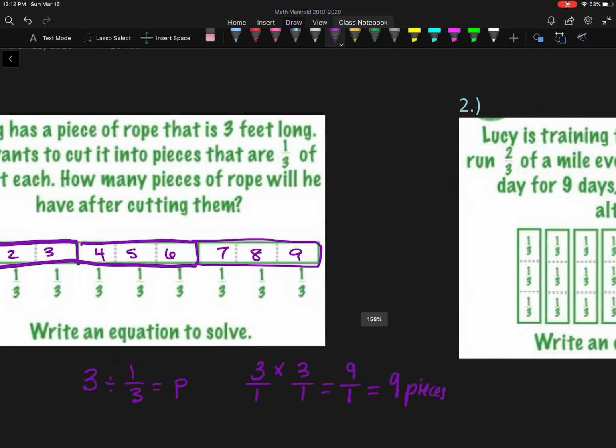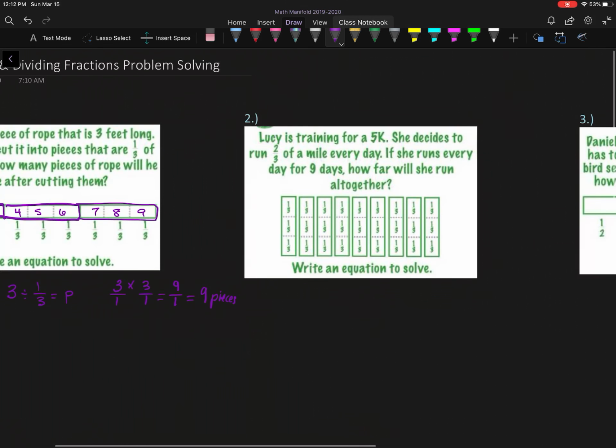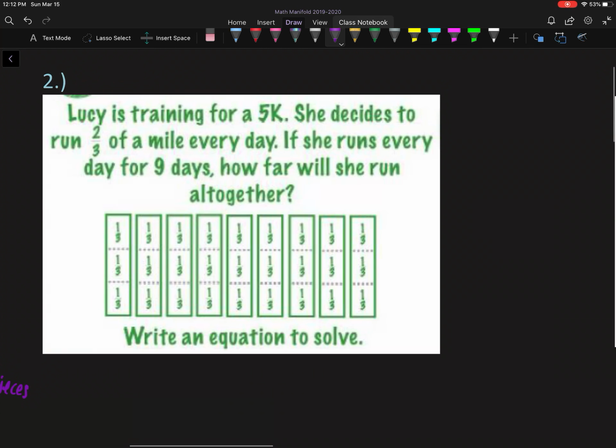So let's look at problem number 2. Lucy's training for a 5K. She decides to run 2/3 of a mile every day. If she runs for 9 days, how far will she run altogether? Well, we've got our 9 days here, and I'm going to show that she is running 2/3 every day.